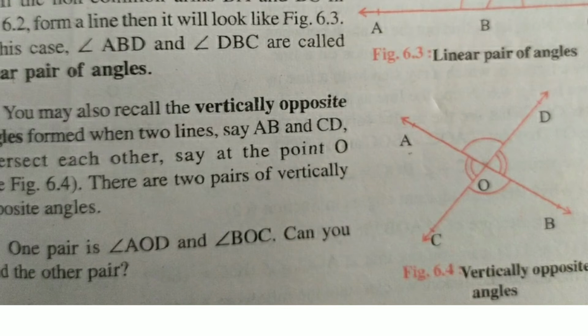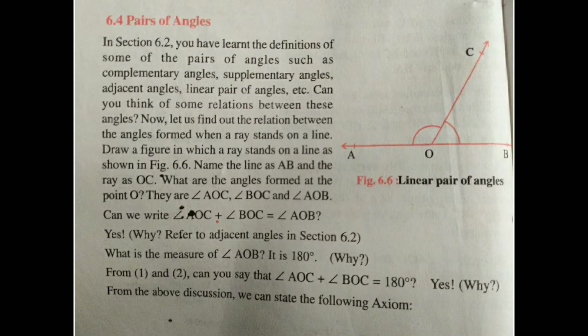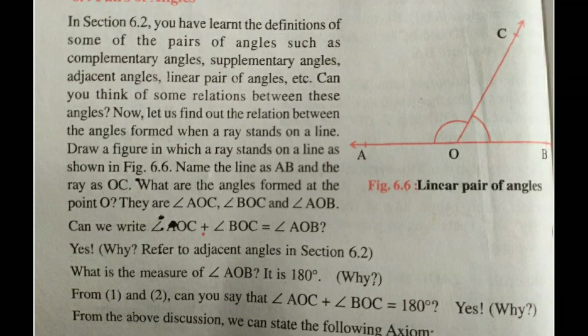Now the next point is pairs of angles. We have learned the definitions of some pairs of angles, such as complementary angles, supplementary angles, adjacent angles, and linear pair angles. Now let us find the relation between the angles formed when a ray stands on a line.